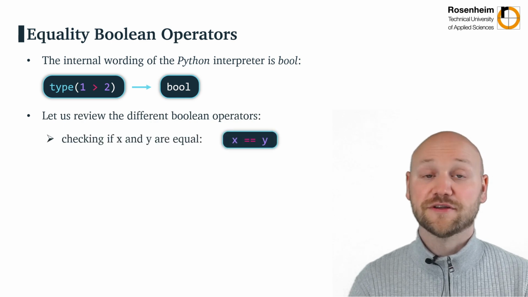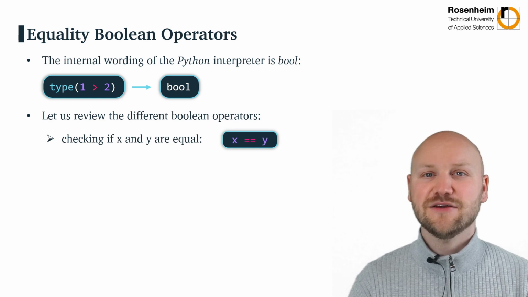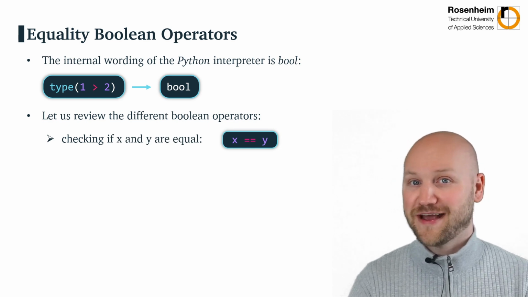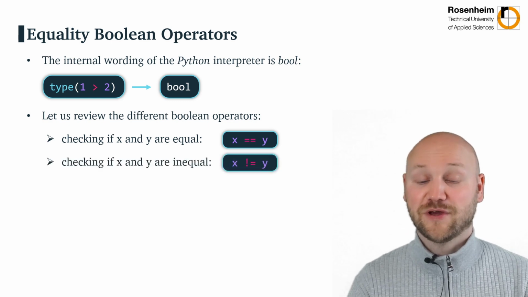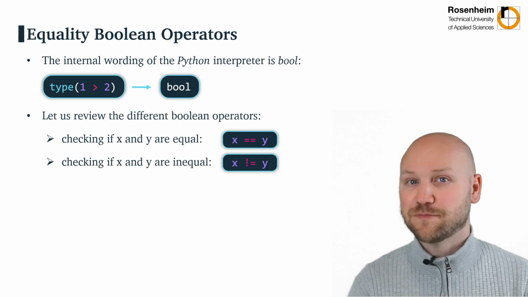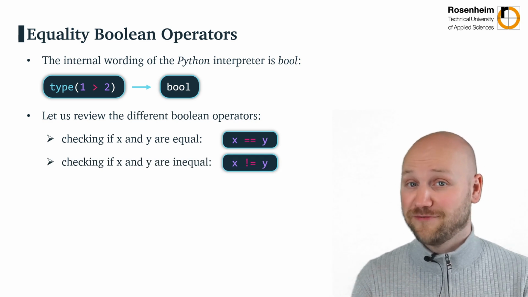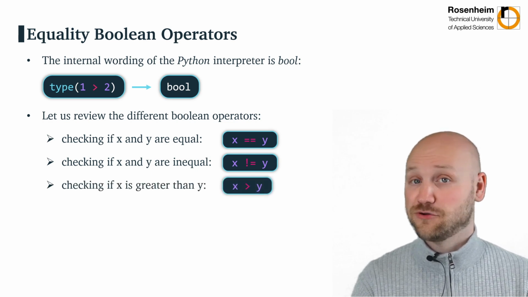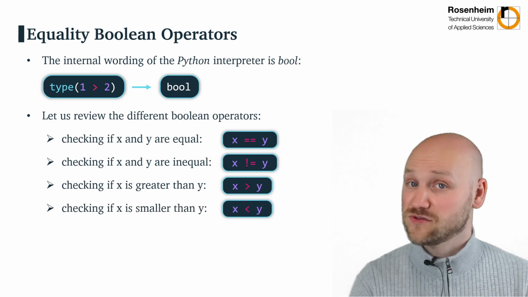So let's have a look at different Boolean operators. x equals y is true if x equals y, if both were, for example, 1. We can also check for inequality; that becomes true if x and y are not the same. If they are the same, this would be a false. We can also check if x is greater than y, as we have seen before. We can also check if x is smaller than y.